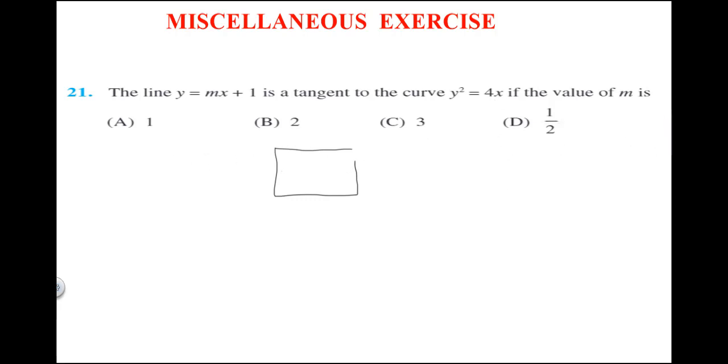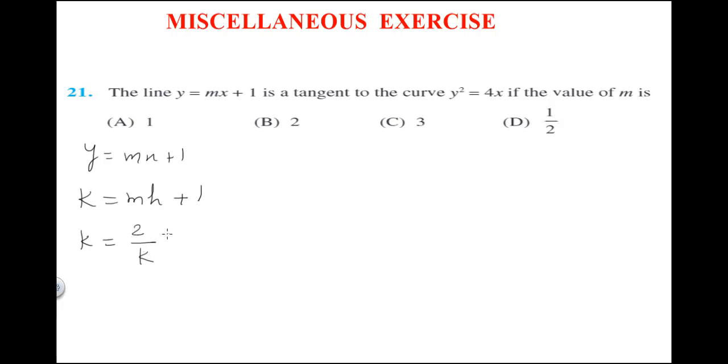Just look here carefully. Now the tangent is drawn at this point h comma k, so we can write k is equal to mh plus 1. Or k is equal to, what is the value of m that we are getting, 2 divided by k, into h plus 1. Clear? This is what we are getting.